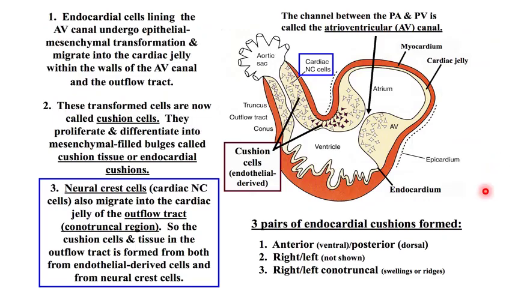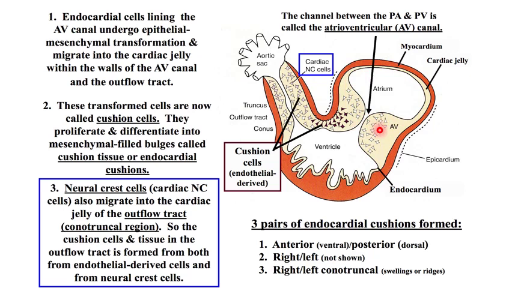How this has been formed is depicted very clearly over here. This light brown color, what you are seeing, is the cardiac jelly. The dark brown you are seeing is the myocardium. The inner lining is the endocardium, which are the layers of the heart.